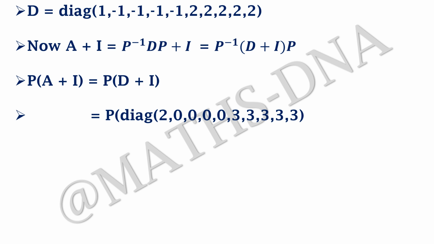On solving it, we get D plus I will be a diagonal matrix with entries 2, 0 four times and 3 five times. Here we have 4 zeros, so 4 will be removed from the 10 cross 10, and we will find the rank of A plus I equals 6, and hence the correct answer is 6.